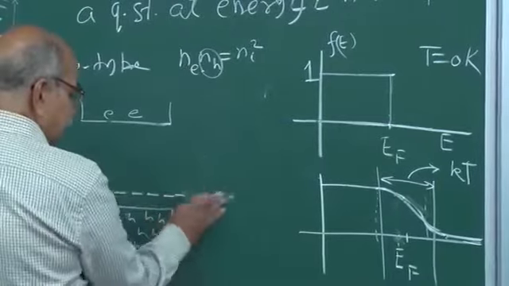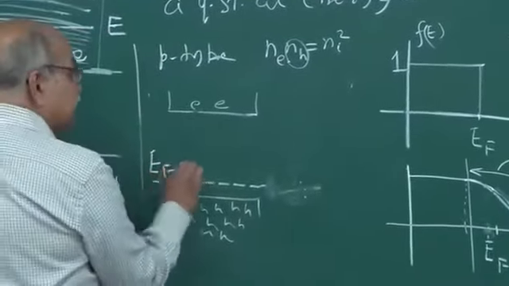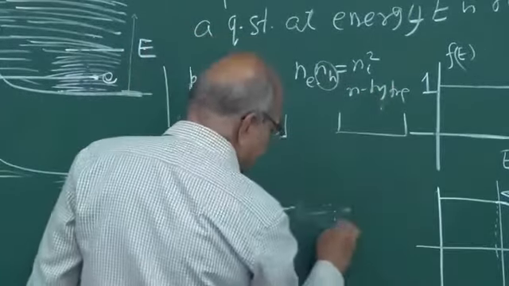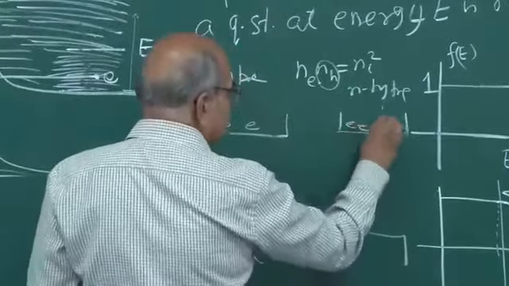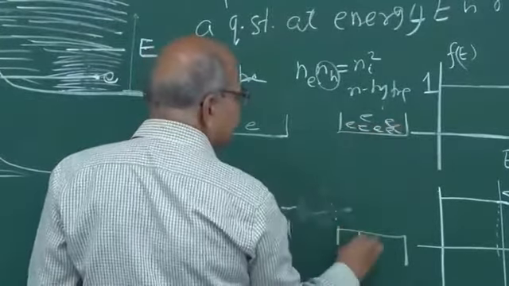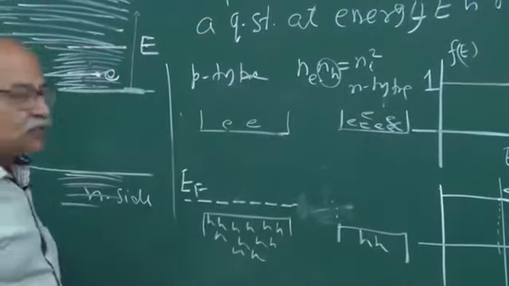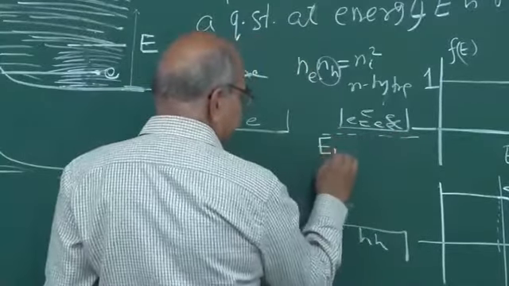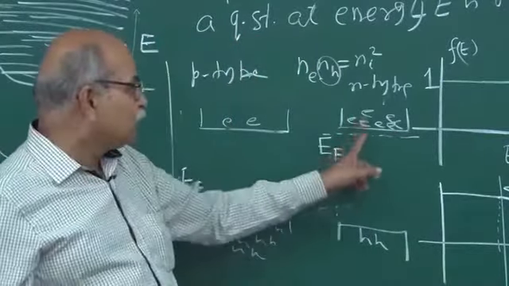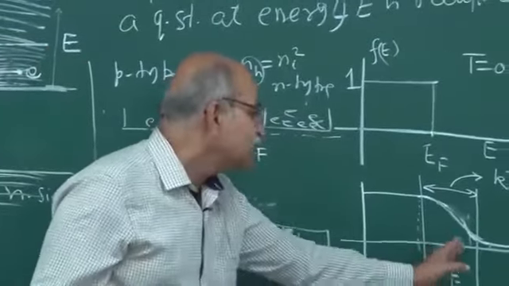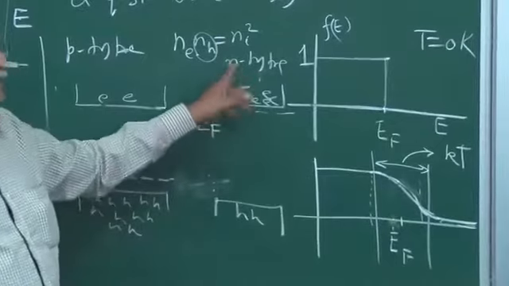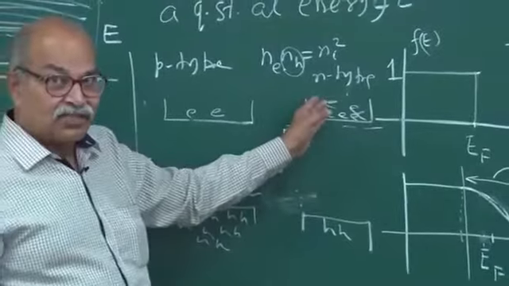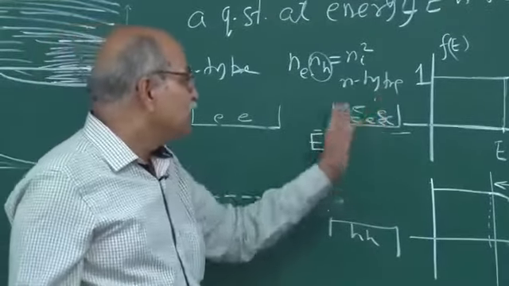Whereas if you have an n-type semiconductor, what happens? In an n-type semiconductor, you have a large number of conduction electrons and a very small number of holes. So here the Fermi energy is close to EC, so you are close to the Fermi energy, slightly below it, so the probability of occupation of these quantum states by electrons is quite sizable, and you have many electrons here.